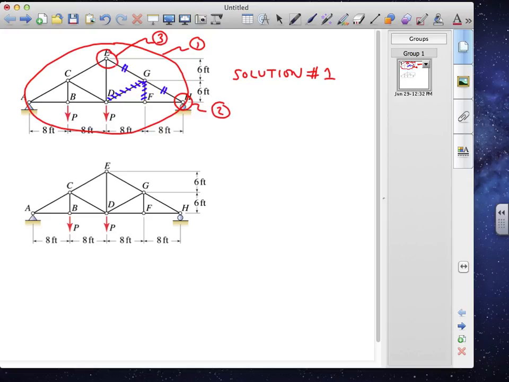A second solution will consist of combining method of sections and method of joints. As with the first solution, we'll begin by imposing moment equilibrium about A on the whole truss to find the vertical reaction at H. Then we'll define a section that cuts through members CE, CD, and BD and captures the right section of the truss. We'll impose moment equilibrium about joint D for this right section to find the force carried by member CE.